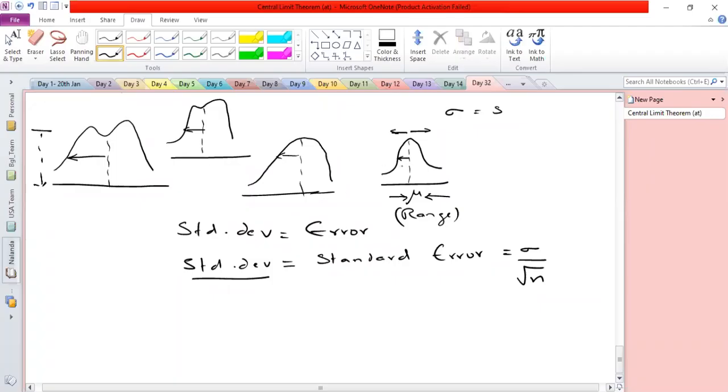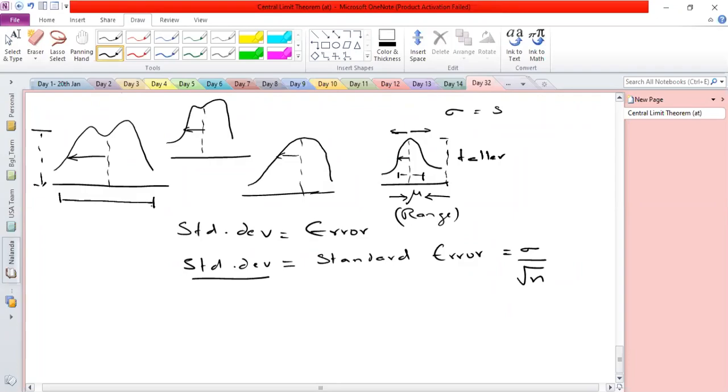If the standard deviation is small, the height is going to be taller. And at the same time, if it is small, you see this width is also small. Here, this width is high. Right? Are you with me?